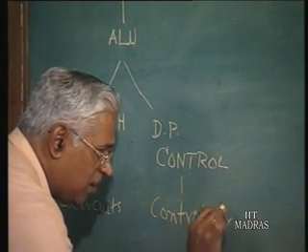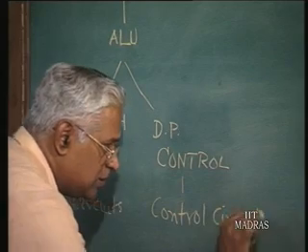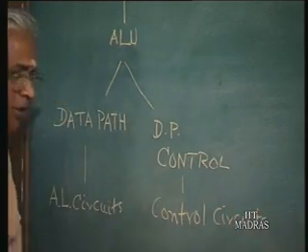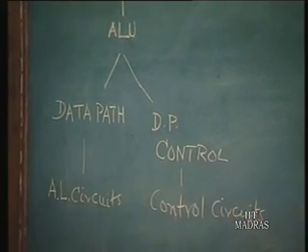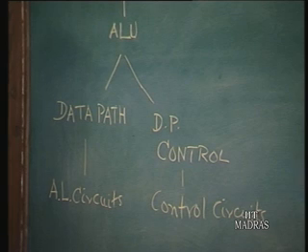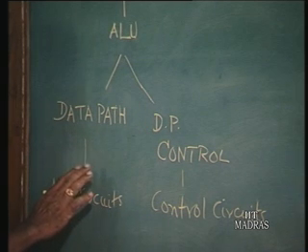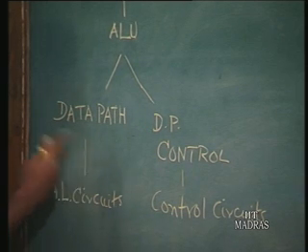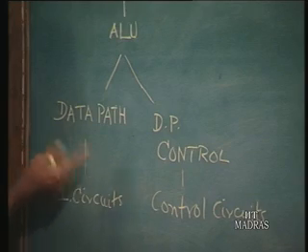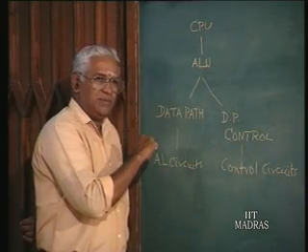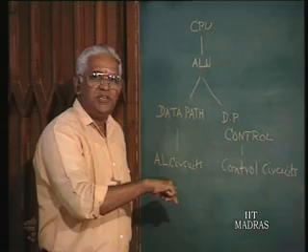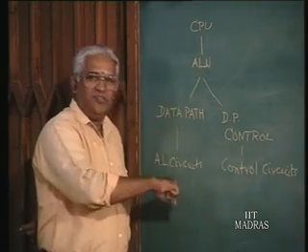So, this is what the design of a CPU will be. Good. Now, let us go back. This data is processed based on a given instruction. That means we have to go back to that instruction cycle consisting of machine cycles, each machine cycle consisting of states.